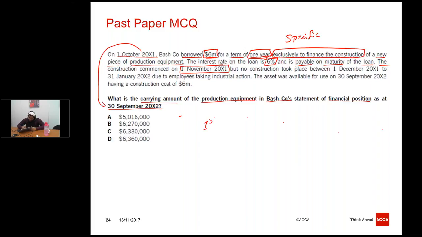So on 1st October, we have borrowed, but the construction has started from 1st November. So from when are we going to capitalize? From 1st November only. So 1 month not capitalized.